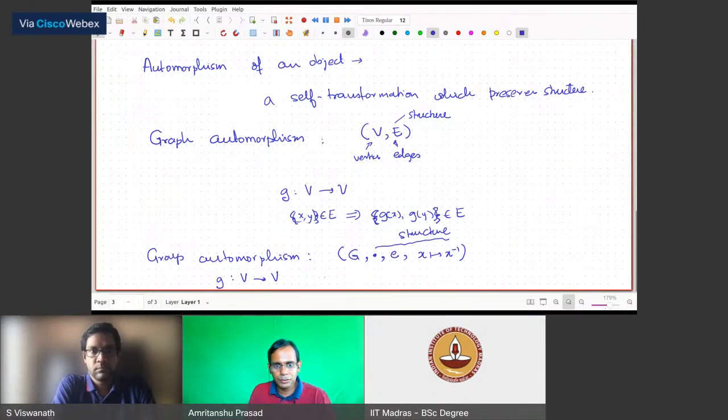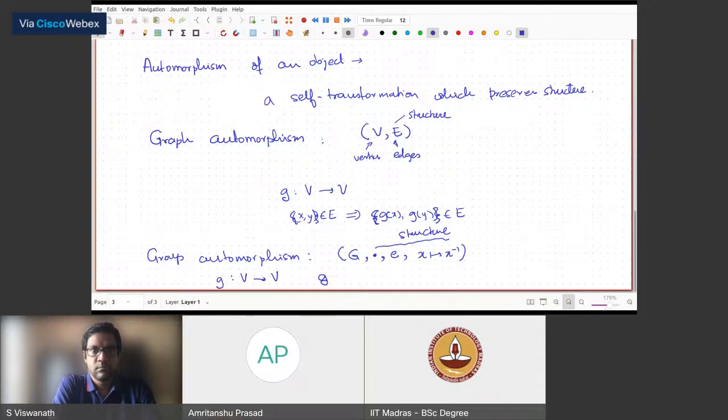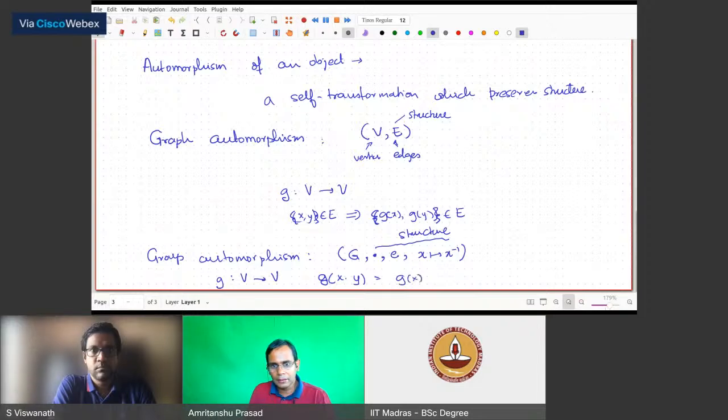So g of x dot y is gx dot gy. This is what it means to preserve a binary operation dot.